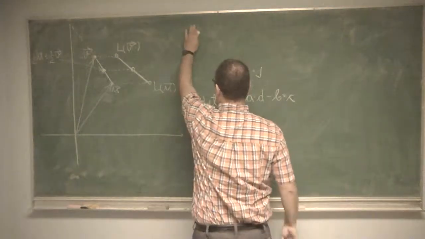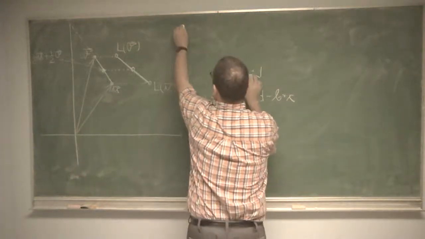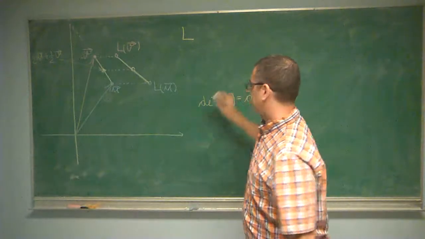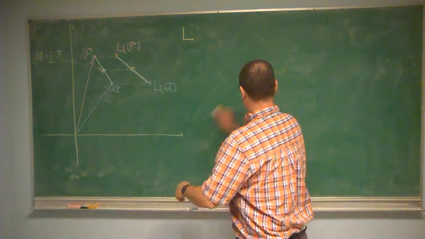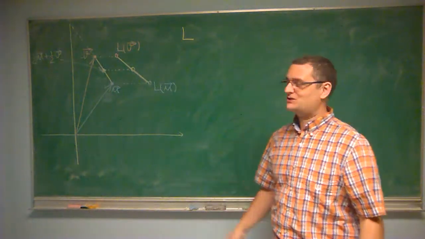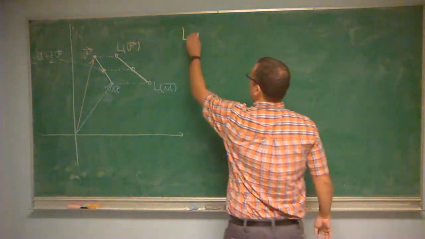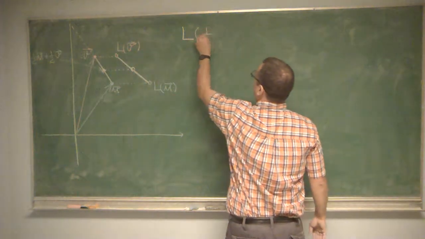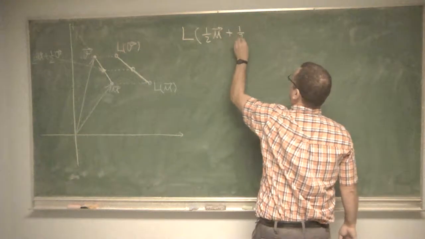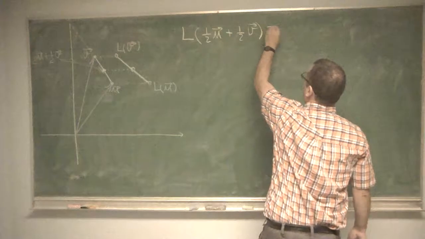And if I denote by L this transformation, this stretching, I will denote it by L, because that will turn out to be a linear transformation. So L is for linear. So L of the average of u and v, so that means 1/2 u plus 1/2 v, is what?